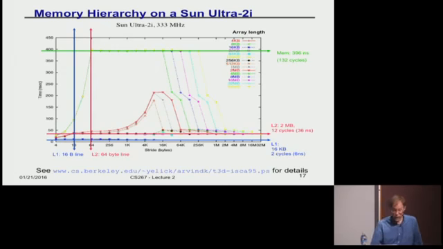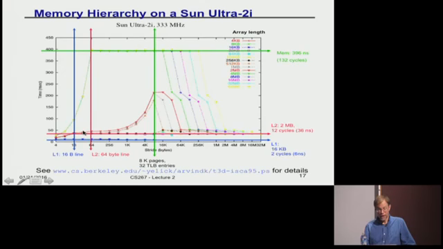There's one other funny thing going on here, which is, what is this? We thought this was L2, but it's sort of going up. I claim that's a translation look-aside buffer. What the machine has to do is ask, are you in main memory or are you really on disk?